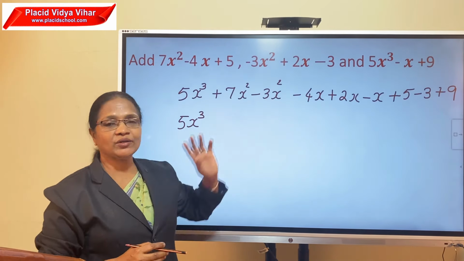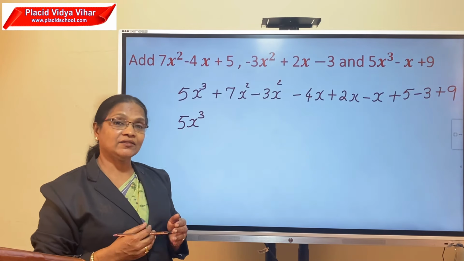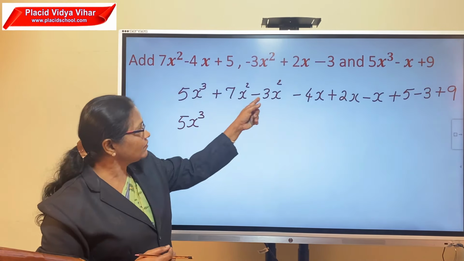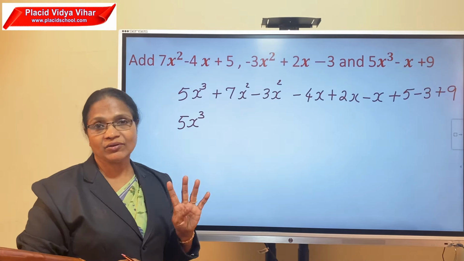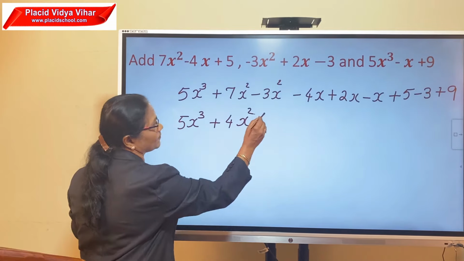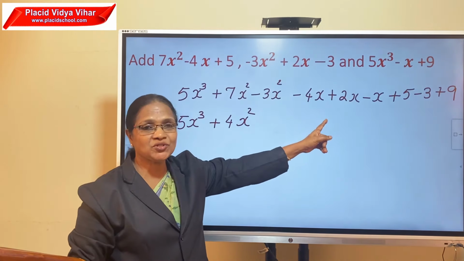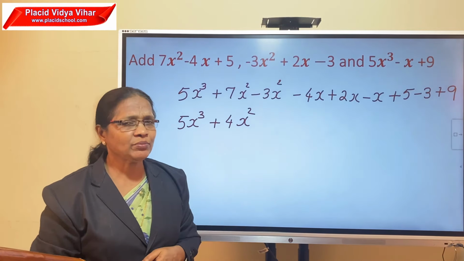Now 7x square minus 3x square, I told you, just subtract the numerical coefficients. 7 minus 3 equal 4. Therefore, plus 4x square. The next one, negative 4x plus 2x minus x. What do you mean by minus x?